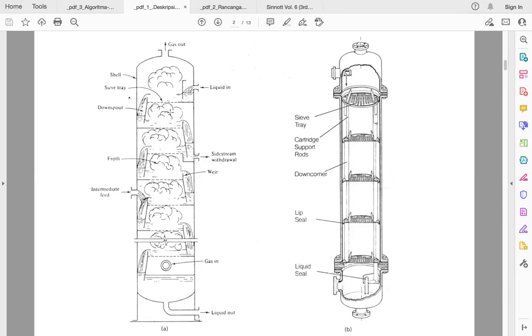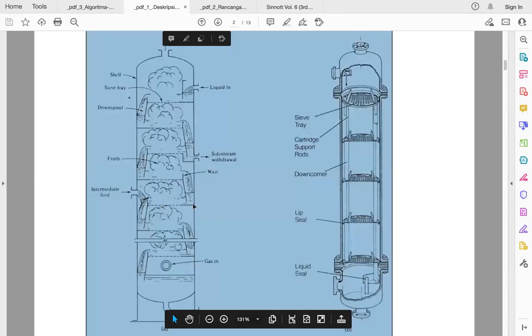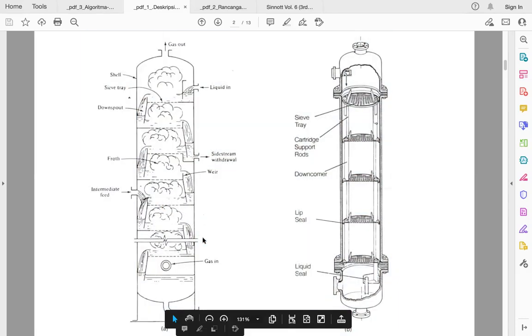Then the liquid goes to the next tray, tray number 2, and again it will follow a similar condition like this. In the end we have 1, 2, 3, 4, or more than a few trays.